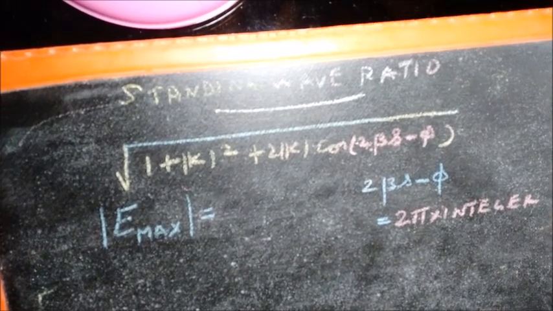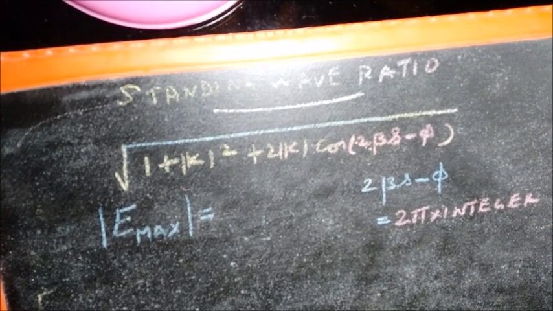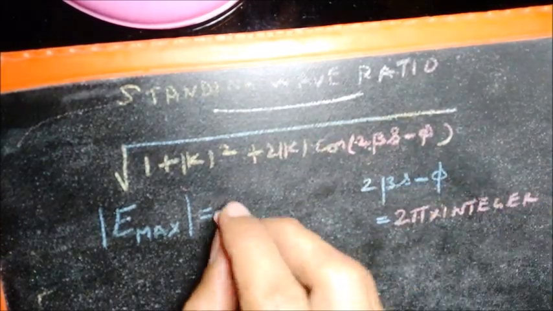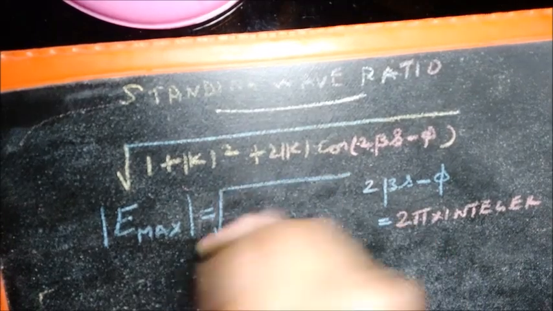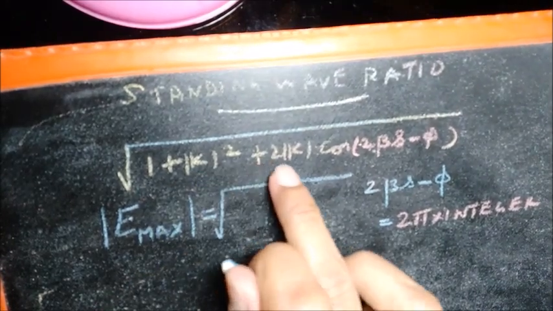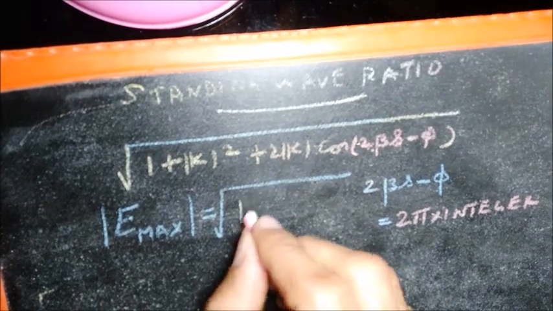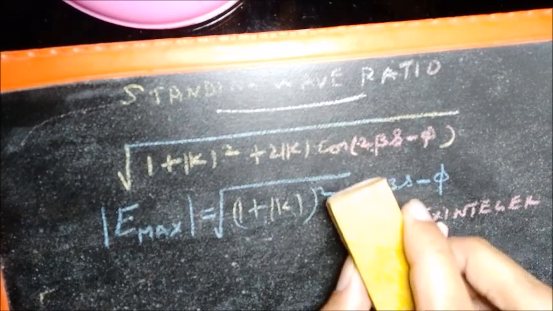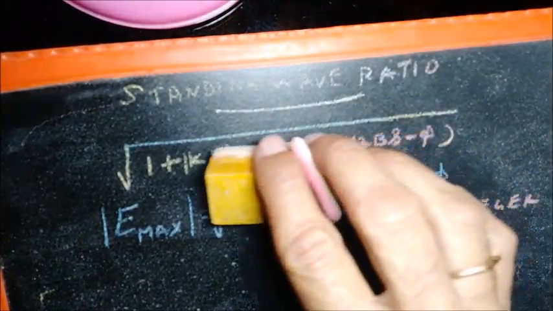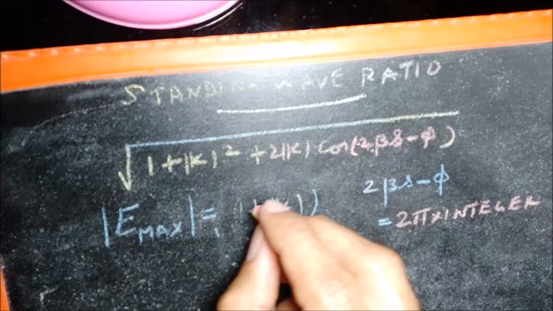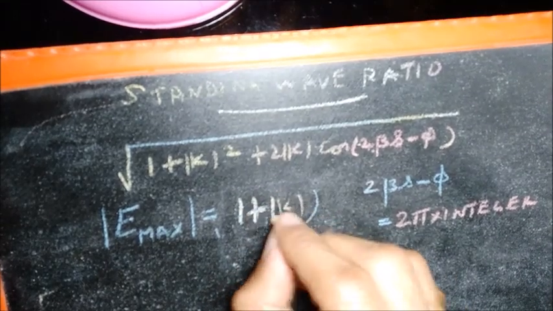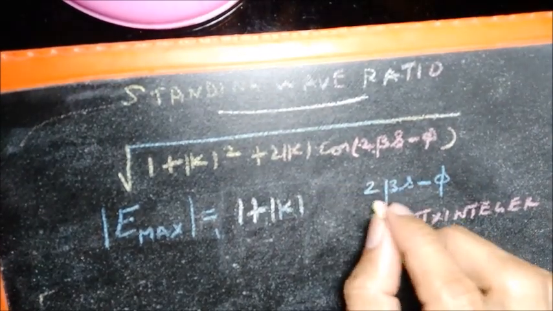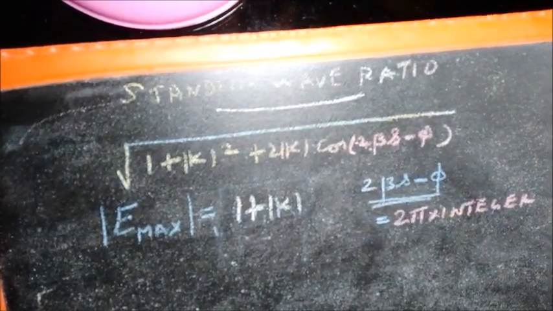For example, it could be 2 pi or it could be 4 pi. When it is 2 pi into an integer, this becomes 1, and consequently Emax becomes square root of 1 plus magnitude k square plus 2 into magnitude k, that is 1 plus k the whole square. Since it is coming under the square root, we get the result like this. And that happens when 2 beta s minus phi is equal to this.